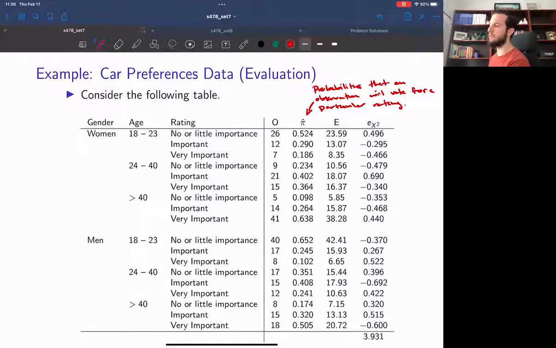For example, we would expect that 52.4% of women aged 18 to 23 are going to vote no/little importance, 29% of women aged 18 to 23 would vote important, and 18.6% of women aged 18 to 23 would vote very important. We can extract this information from the model.